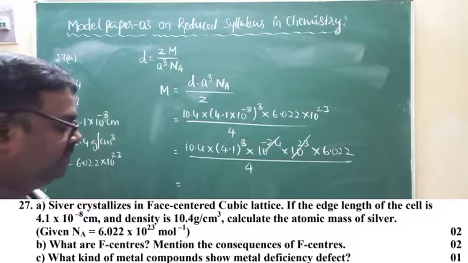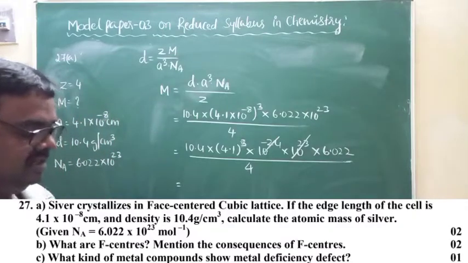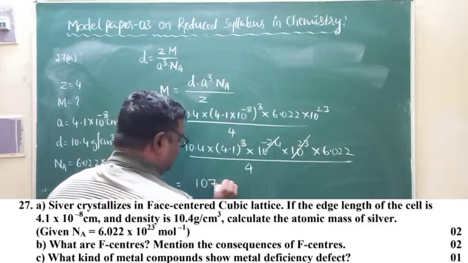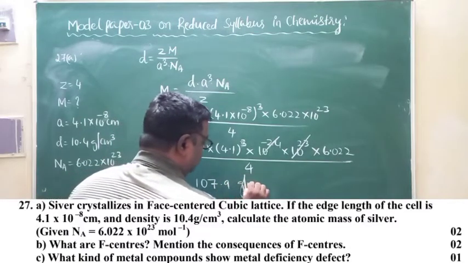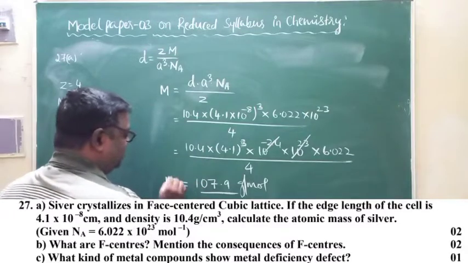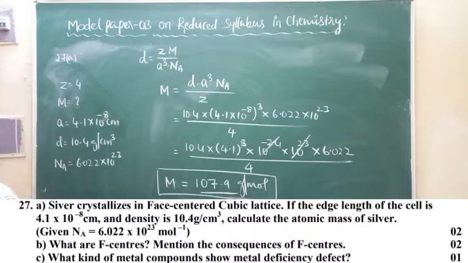Now dividing by 4, you are going to get 107.9 gram per mole. That is the atomic mass of silver, and that is M there. This is the calculation of atomic mass by knowing density.